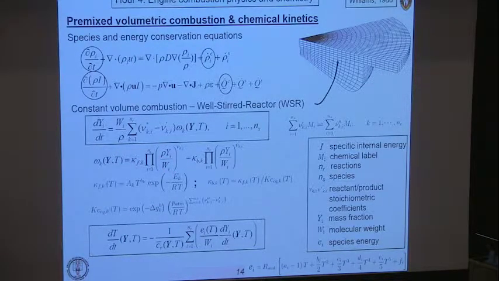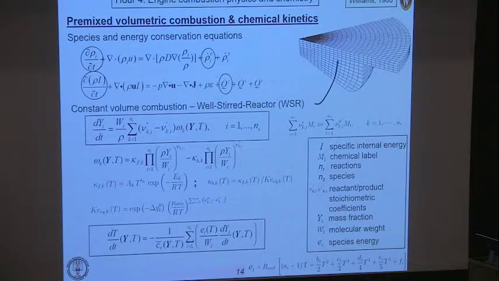the product of the concentrations of the reactants times the forward reaction rate minus the product of concentrations of the products times the backward reaction rate. And these reaction rates are typically Arrhenius functions with a pre-exponential dependence on temperature and an exponential temperature dependence.